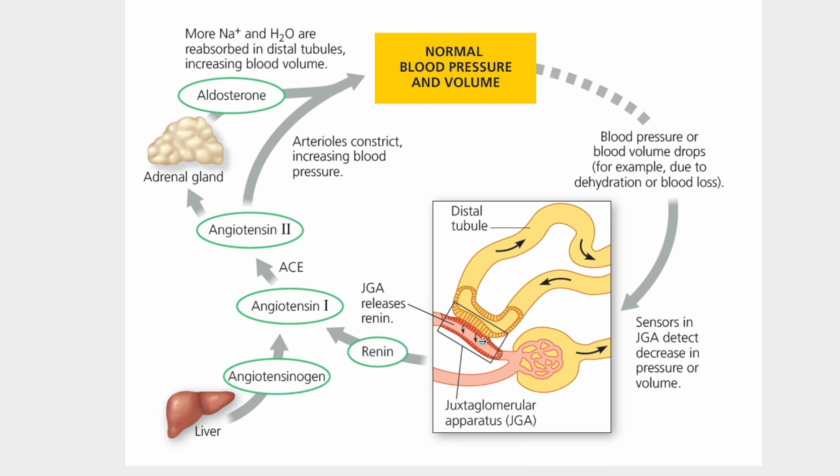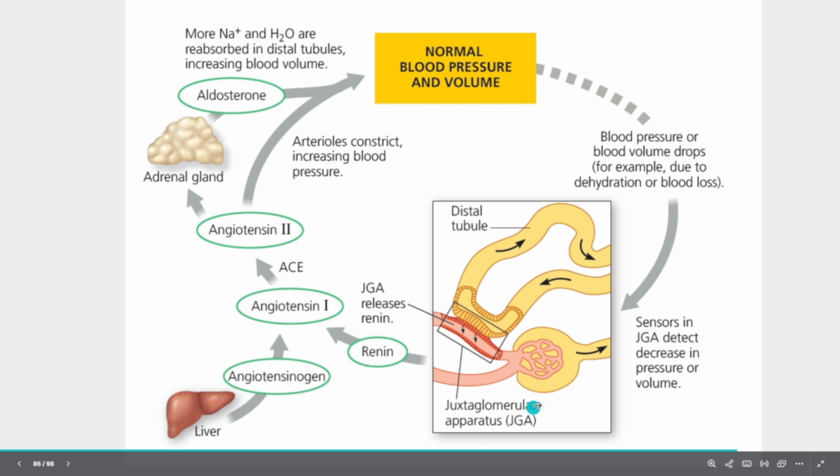It is a specialized tissue around the afferent arteriole. So when blood pressure or blood volume decreases, the JGA starts to release renin.